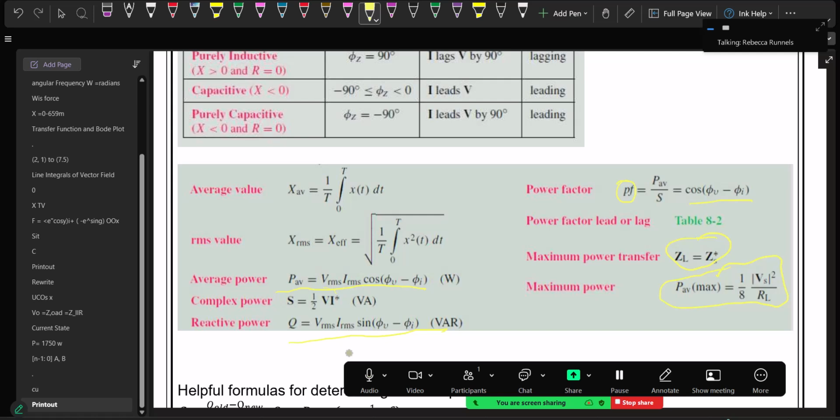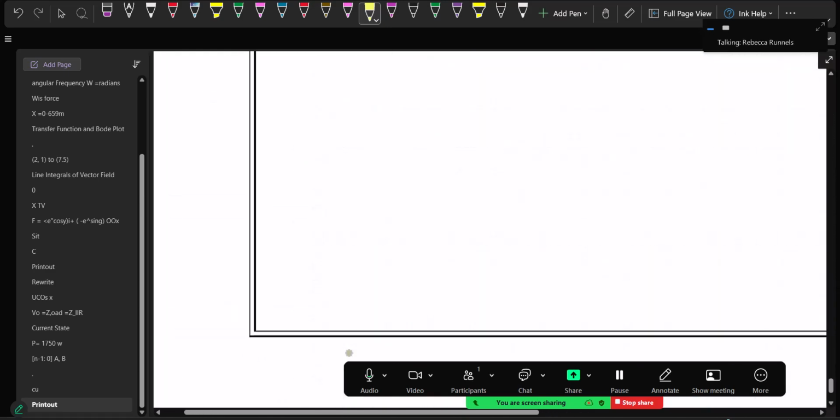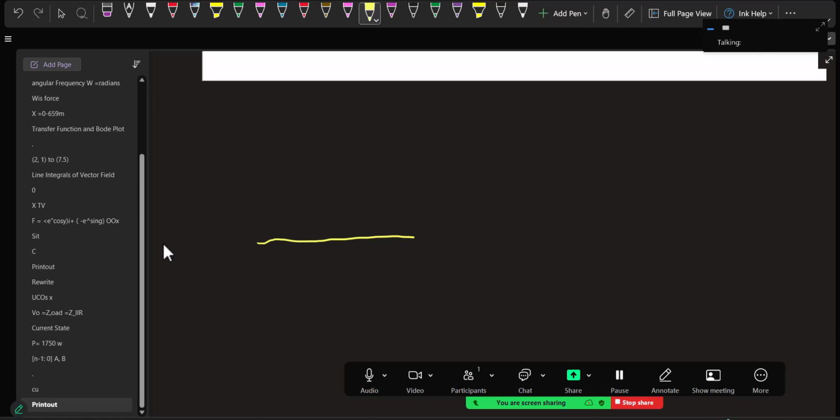I like the power triangle. I find it useful. In the power triangle, you take the real power or average power and the reactive power, then the hypotenuse is the apparent power.